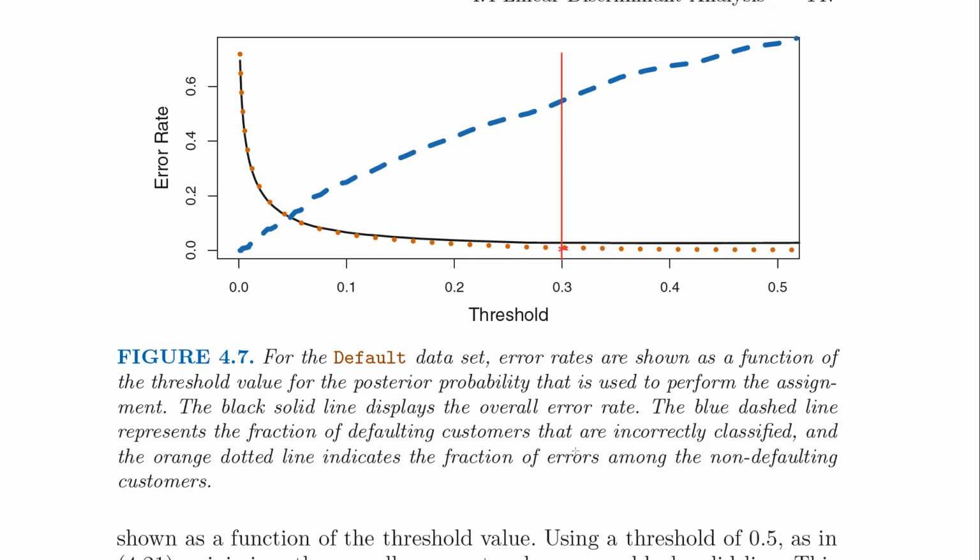Is it the false positive or the false negative? I think it's the false negative, right? The fraction of error is among the non-defaulting. So there's a false positive. Positive means default, right? In this example, if the model incorrectly classified you as default, that is a false positive. Positive means default in this model. And this is sort of the corresponding false negative.